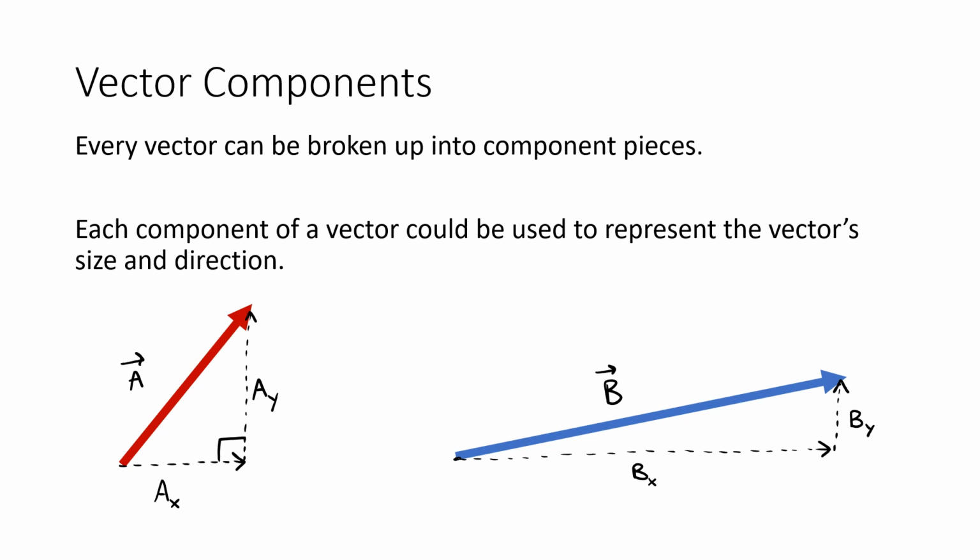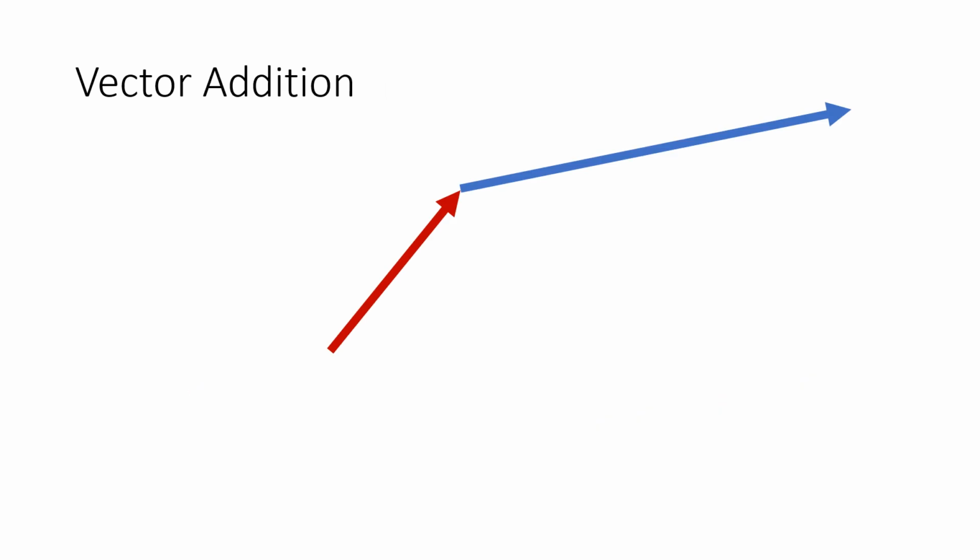You see we're going to get into where we might have to add vectors together. So let's look at maybe adding these two. These are the exact same vectors from the previous page. We have vector A and we have vector B.